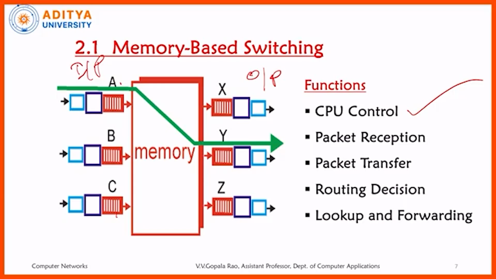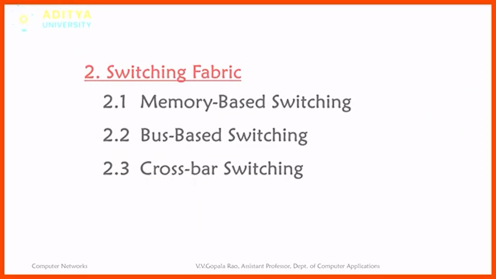And of course, there is one more point that is called packet reception. This is a process where the input port receives the packets from some source. Once it is ready to allow the packets to travel, it gives an interrupt signal to the processor attached to the components.